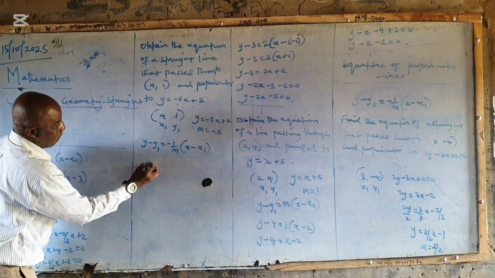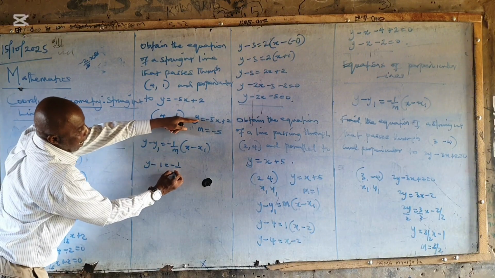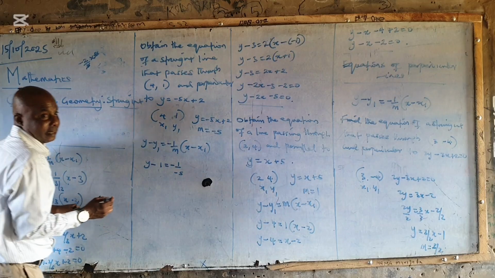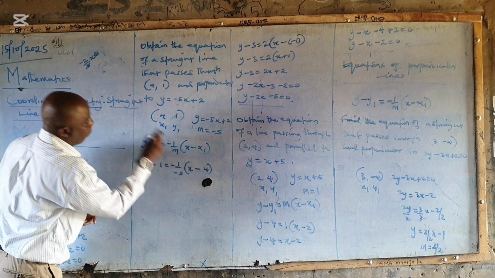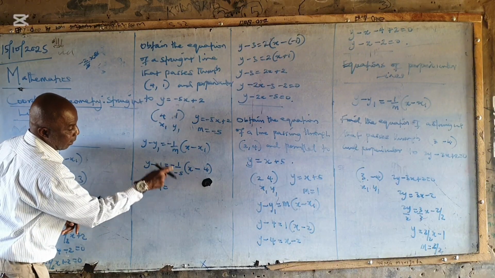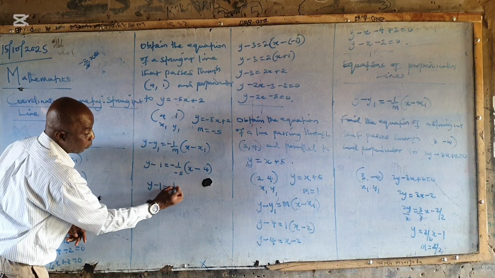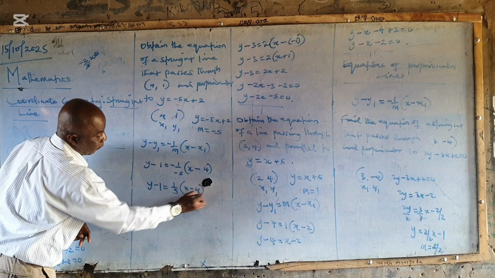So y minus 1 equals minus 1 over minus 5 into x minus 4, x1. Minus times minus is plus. So it becomes plus 1 over 5 into x minus 4.